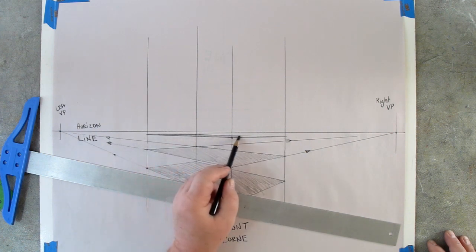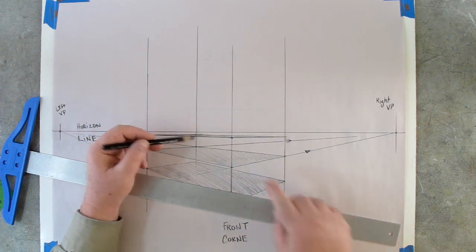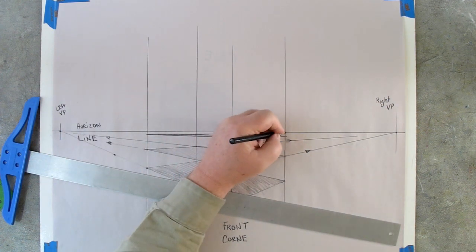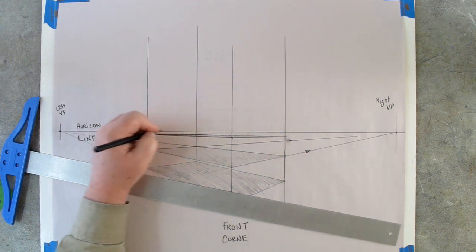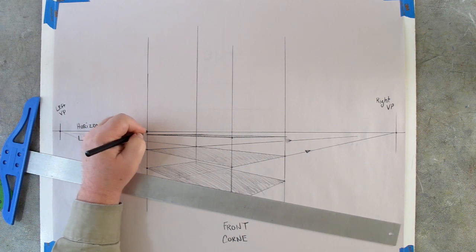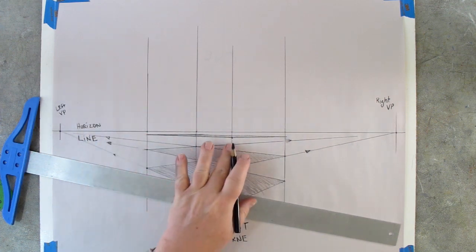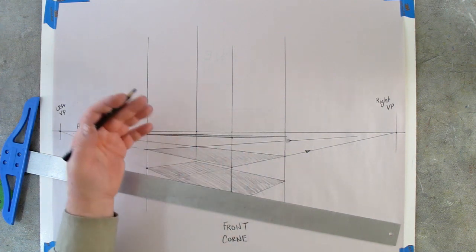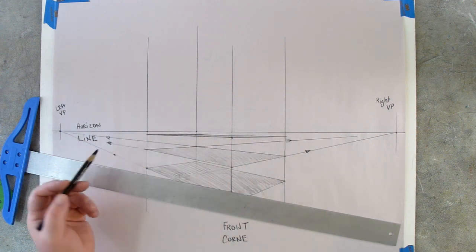It gets smaller and smaller until, if this was touching the horizon line, you wouldn't be able to see it. It would just all be a straight line. That would be all four sides. But because the four sides are on the horizon line, we can't see front, back, top, right side, left side. It just all becomes a straight line. So you don't ever want to draw anything touching that horizon line.